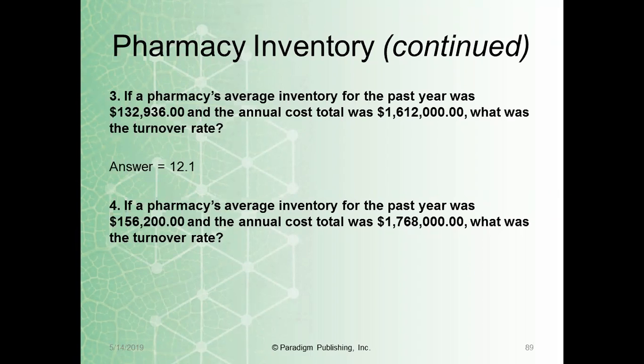So in this instance, you would add the two, the value of the initial inventory plus the value of the current inventory, oh wait, no. They're asking us for the turnover rate. Sorry. So you would just divide the two again. Divide your annual by the average, and that will give you the turnover rate. So 11.3.